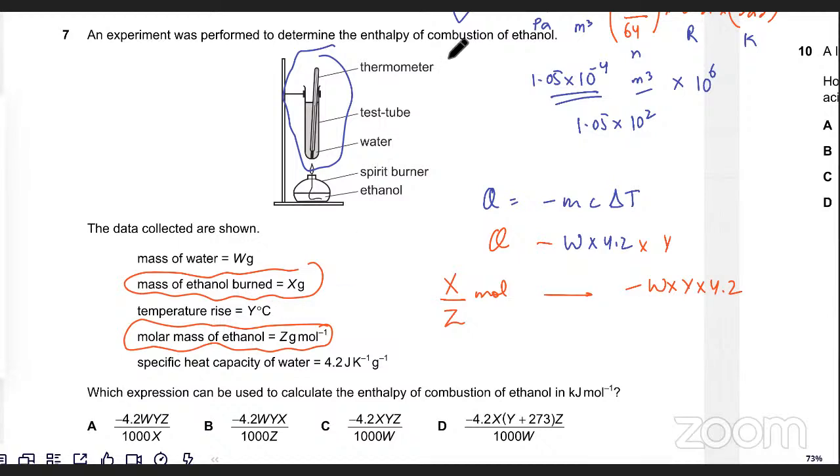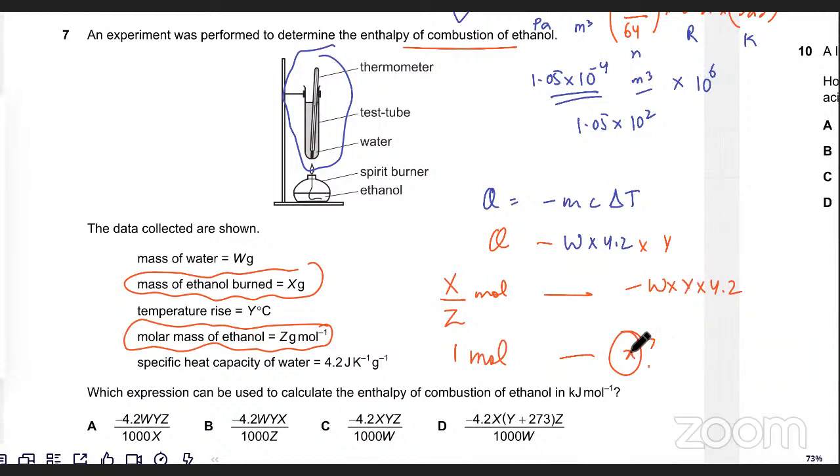So now enthalpy of combustion. Enthalpy change of combustion is for 1 mole, so you're going to use ratios. What energy would be produced if 1 mole of this burns? So you crisscross and you have to find how much energy would be produced. These many moles produce this much energy. 1 mole would produce how much?